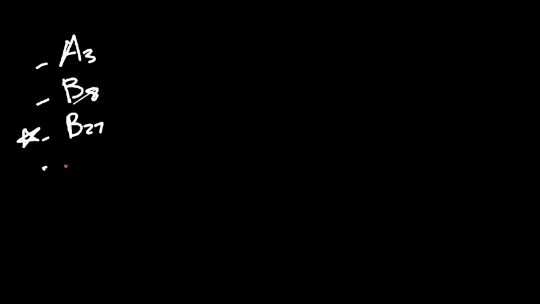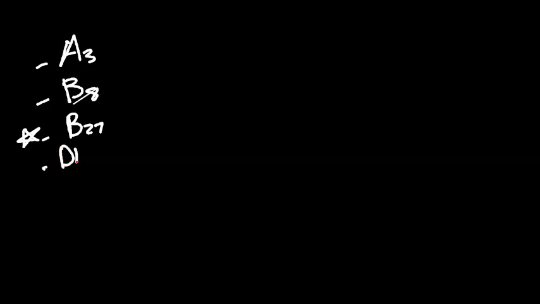So we've got the types A, B, and C. I'll write all of the different subtypes and their disease associations that I'm going to cover today. Trust me, there are infinite. I mean, this could take forever. So I only pieced out some of the major ones. Out of the ABC subtypes, I'm going to choose to talk about A3, B8, and B27, with B27 being the big player out of all of them.